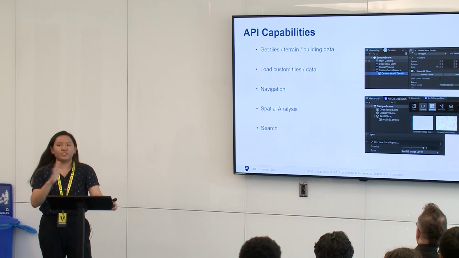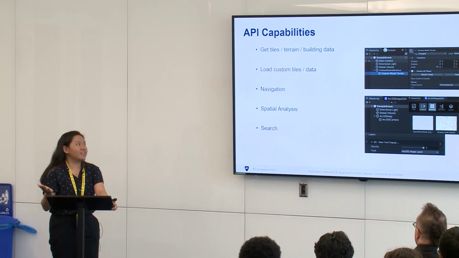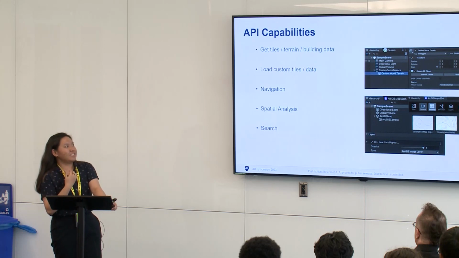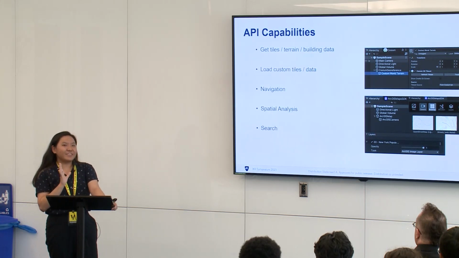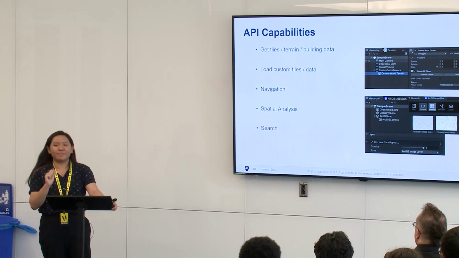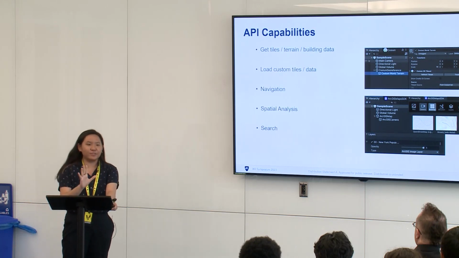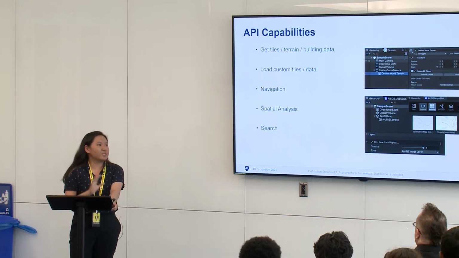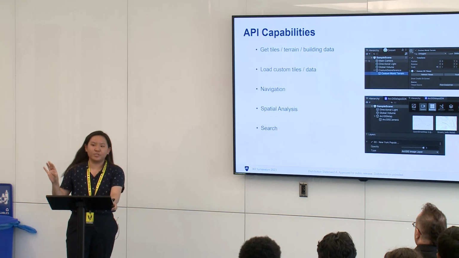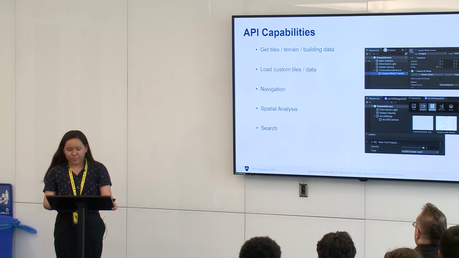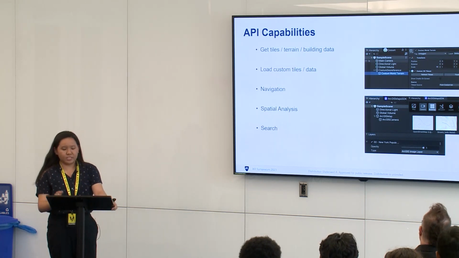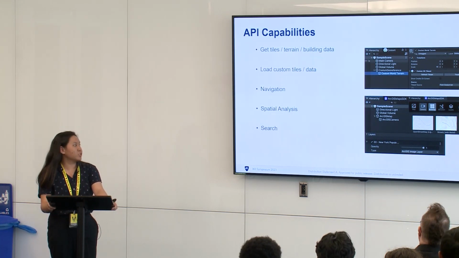Of course, this interface changes between Unity and Unreal. I like to make the analogy that Cesium sort of feels like Unity in the sense that it's kind of more plug and play. It's very nice and easy to use, whereas ArcGIS provides a lot of utility and customization right off the bat. There could also be the capability to load custom tiles or data, such as with the photorealistic 3D tiles that I mentioned earlier.